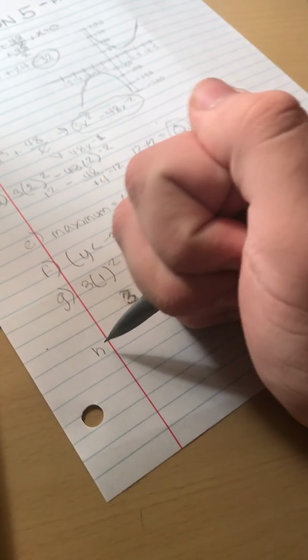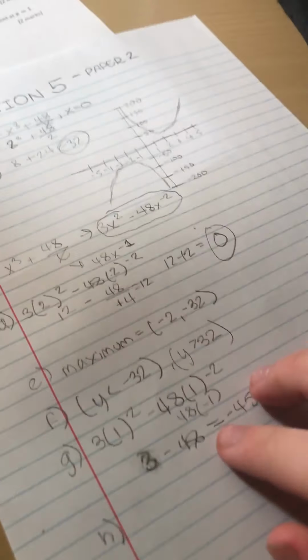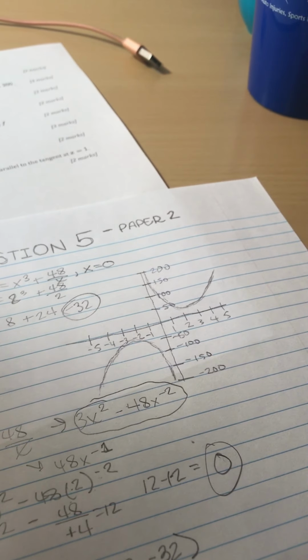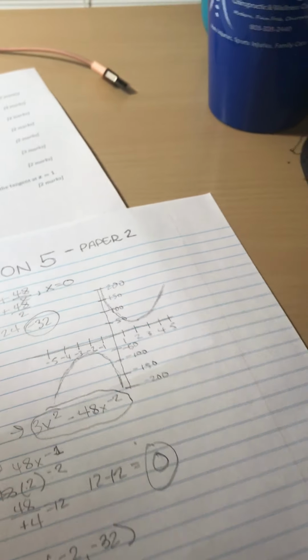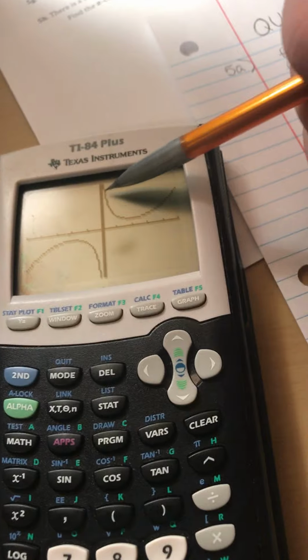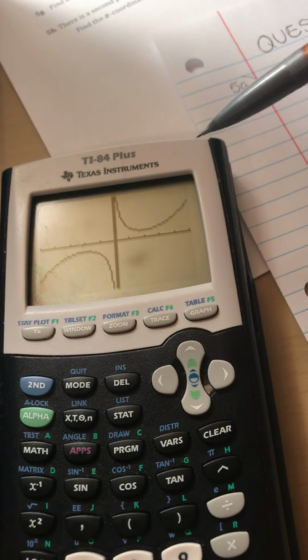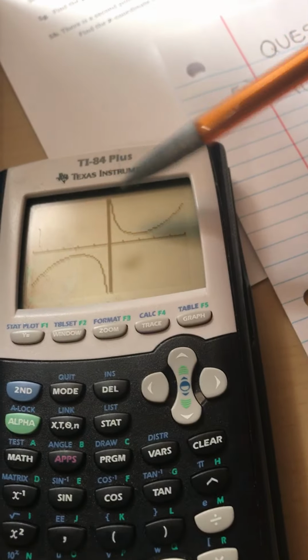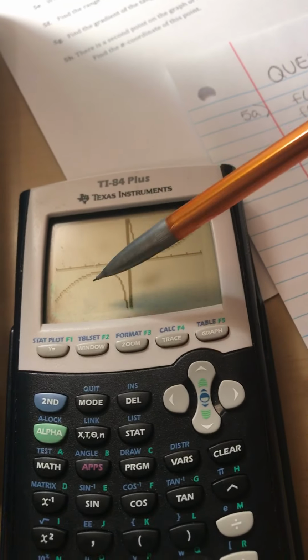And then we have H, and H is asking that there is a second point on the graph of f at which the tangent is parallel to x equals -1. Find the x coordinate of this point. I don't really know how to explain this one other than these graphs obviously have the same ranges at 32, so they're pretty much identical.